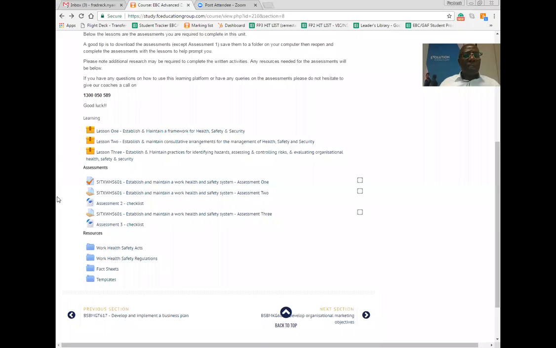So here, as you can see on your unit, are you seeing that on the unit there? Hopefully you're able to see that on your unit, there are Work Health Safety Acts, Work Health Safety Regulations, fact sheets, and templates. If you are able to view and open these for your understanding, that will make it much easier.